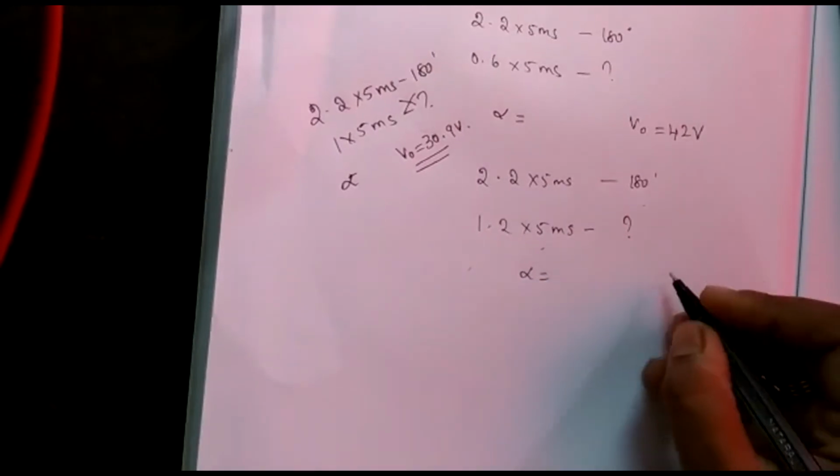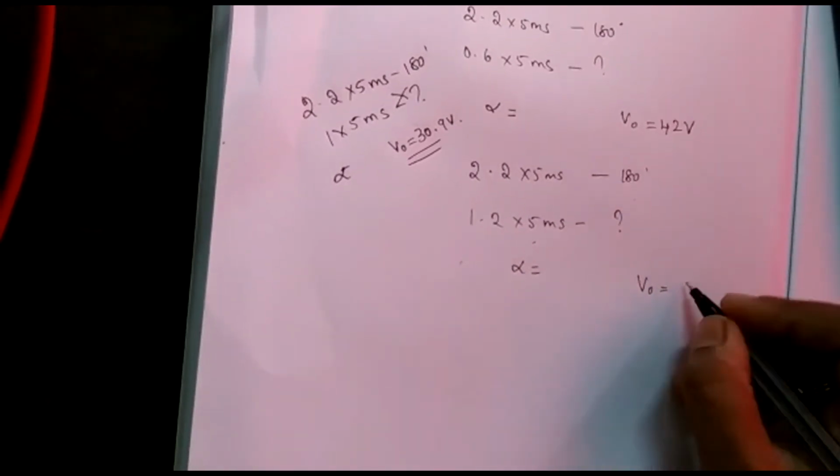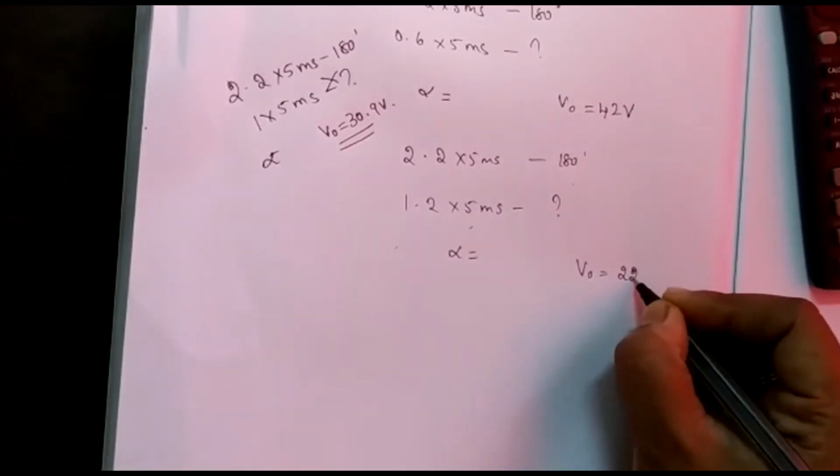That will give you the alpha. V0 is around 22 volts.